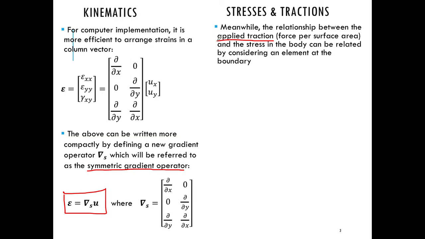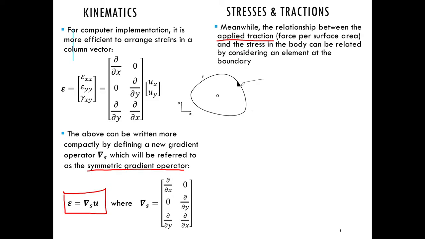So it's for example, when I'm standing on top of a platform, I am applying a traction on that surface. Or when I'm rubbing my hands against each other, then one external system, each hand, is applying tractions on the surface of the other hand, as an example. Right, so looking at a boundary element for my 2D body, recall that my body, or domain, is represented by omega, shown right here, and the boundary is represented by gamma.